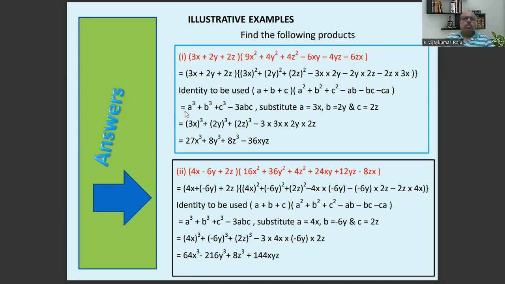That should be equal to a raised to 3 plus b raised to 3 plus c raised to 3 minus 3abc, where a is equal to 3x, b is equal to 2y, c is equal to 2z.